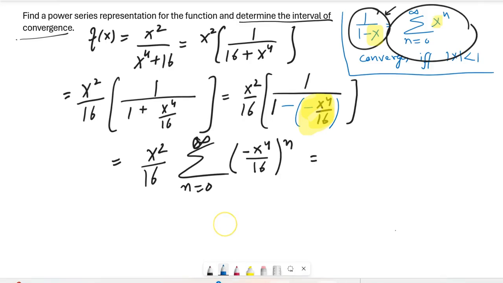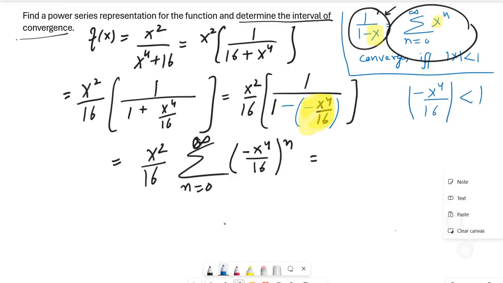I can expand it further, but I also want to note down this geometric series will be convergent if the common ratio, which is negative x to the 4 by 16, in absolute value is less than 1. That can also be written as, the negative sign goes away, x to the 4 by 16 less than 1. x to the 4 by 16 can be written as x by 2 to the power 4 less than 1.